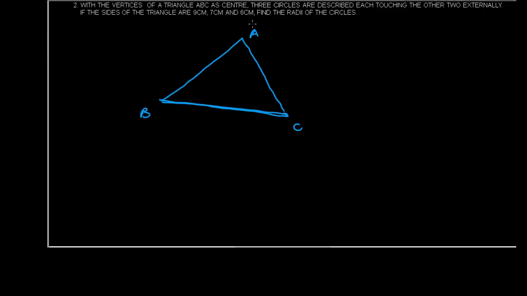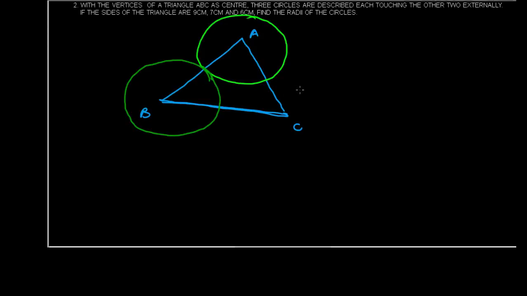Basically they're drawn. Using A as center, we have drawn a circle. Using B as center, we have drawn another circle. And using C as center, we have drawn another circle. So this is what we have done.